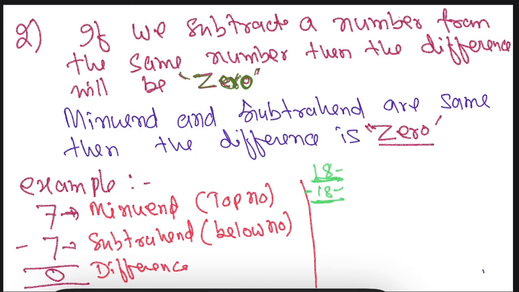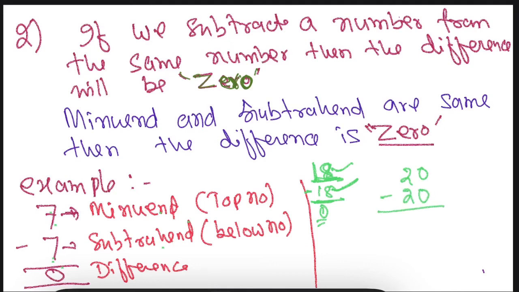If this number is subtracted from the same number, then the answer will be 0. You see here, 7 minus 7 is 0. The minuend is 7 and the subtrahend is also 7. Both are the same, therefore after subtraction the difference will be 0. Got it? 100 minus 100, 20 minus 20.